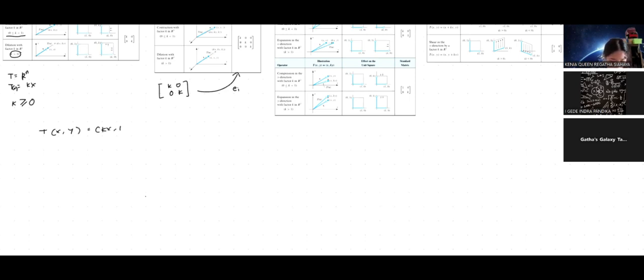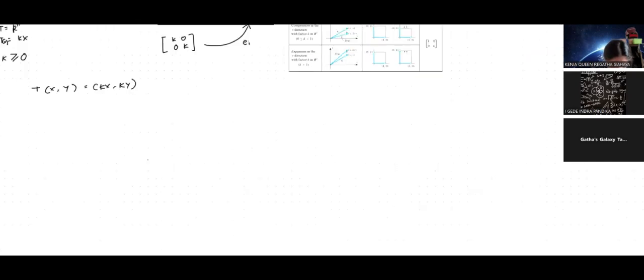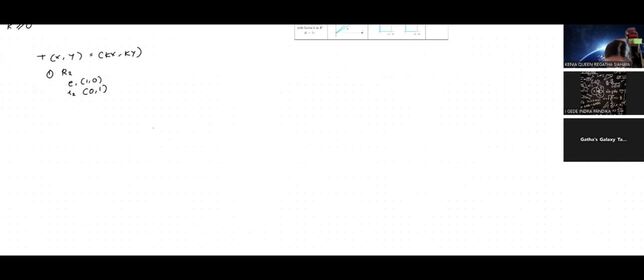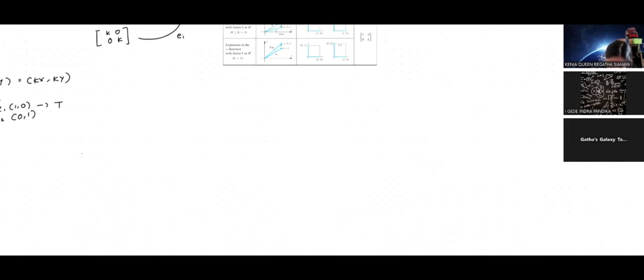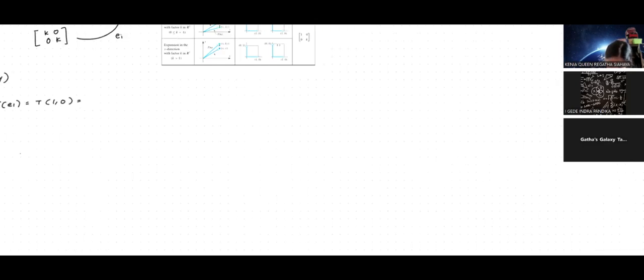So to get a standard matrix, the procedure involves, first, we need to write the standard basis in R2. So the standard basis in R2 is E1 equals to 1 and 0, and E2 equals to 0 and 1. And here, we will find the image of each basis. So for E1, we have T(E1) equals T(1, 0) equals to K multiplied by 1 and K multiplied by 0. This results in K, 0.